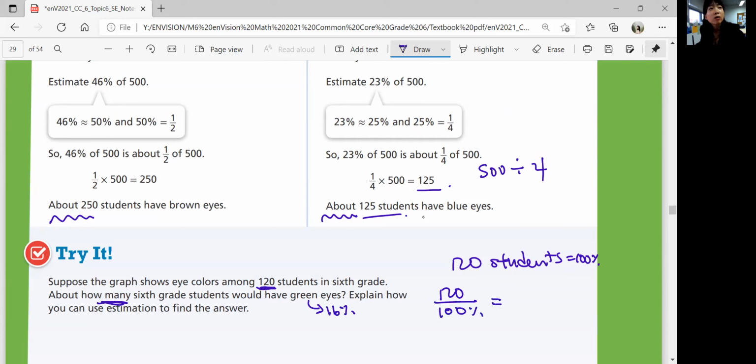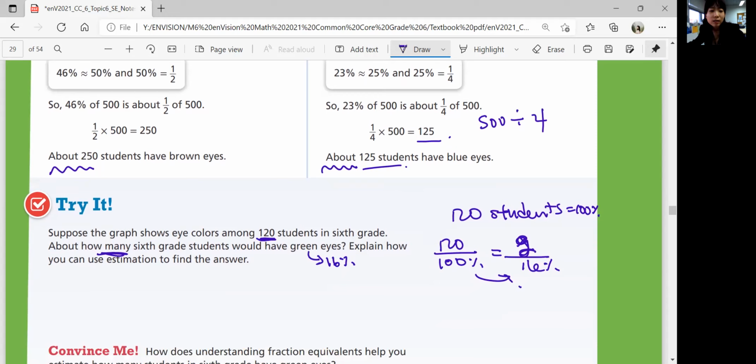And so we don't know how many students have green eyes, but we know that's 16%. So in order to get 100 to 16, we can also estimate for this one. So why don't you estimate this into 20%? Okay, so 16% is about 20%.